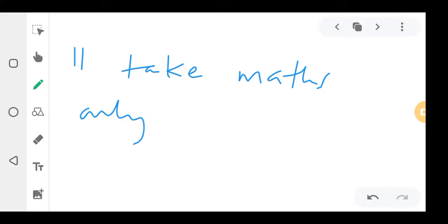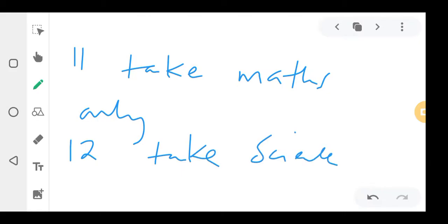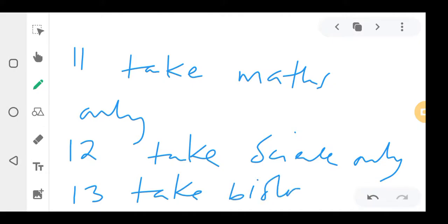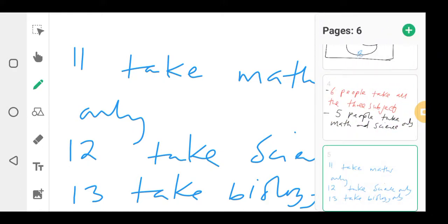And then 11 people take maths only. Okay, 12 take science only. 13 take biology only. Okay, so now we have to put this information on this Venn diagram.